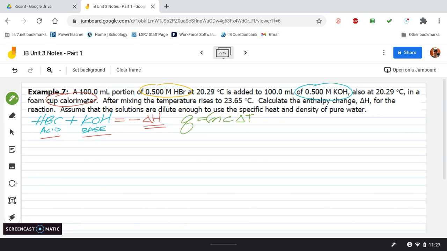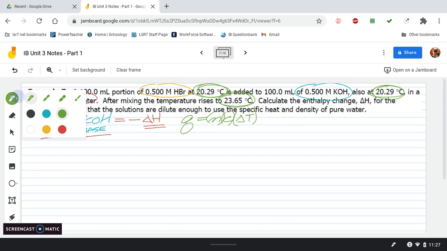We now have a formula, and we kind of know a direction. Now, both of these chemicals are at this starting temperature, and they both go to this ending temperature, and it wants to calculate the delta H value. So we've got to find delta H for the reaction.